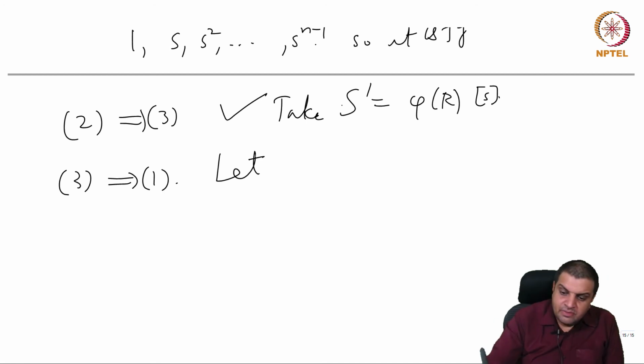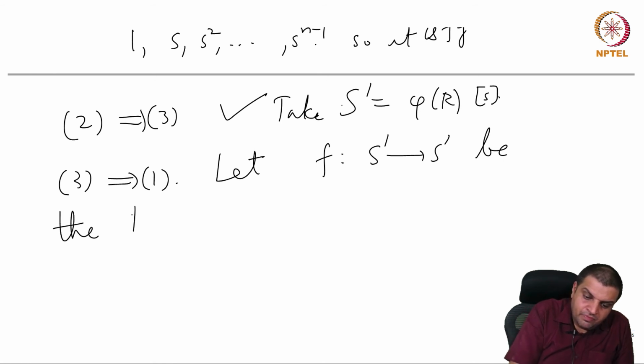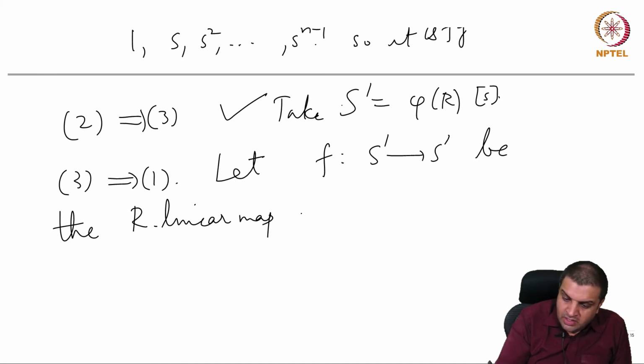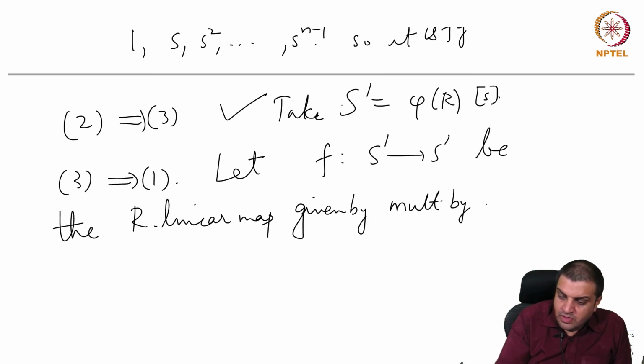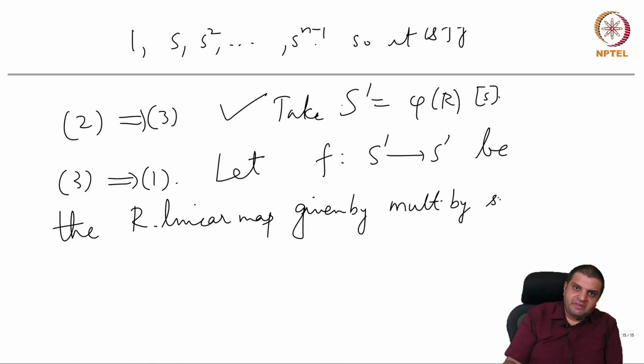Let f from S prime to S prime be the R linear map given by multiplication by S. So 1 goes to S, and then we have to specify it for every element of S prime, but it's multiplication by S.